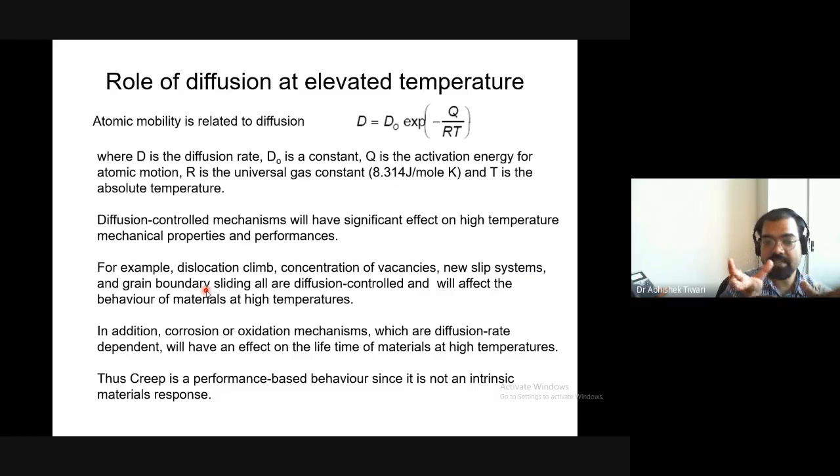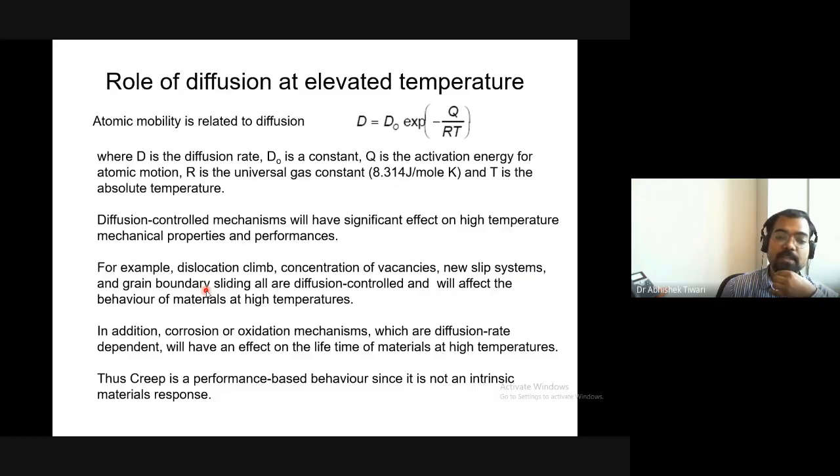Okay, so these grains, they can actually rotate. Okay, and this boundary can move. So this is called grain boundary sliding, and this is also again a diffusion controlled phenomenon which affects the material's performance.